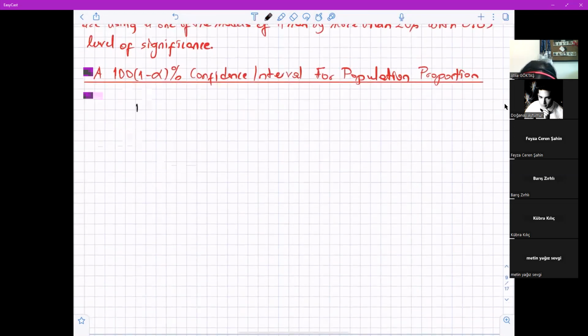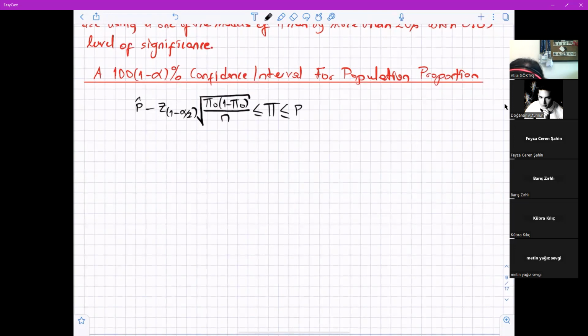So we will have pi hat minus the critical value Z of 1 minus alpha divided by 2, times the square root of pi null times 1 minus pi null, divided by the sample size, equals pi hat plus Z of 1 minus alpha divided by 2, times the square root of pi null times 1 minus pi null, divided by the sample size n. That's the confidence interval we write.